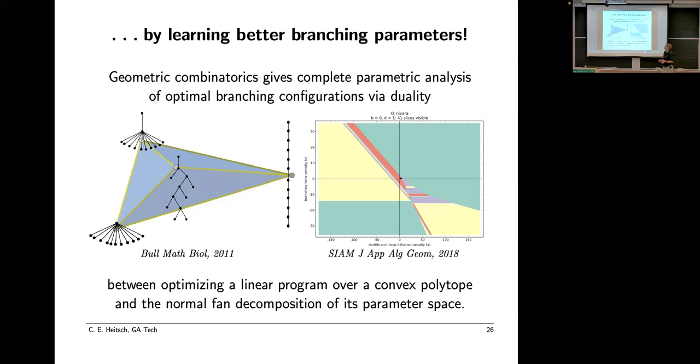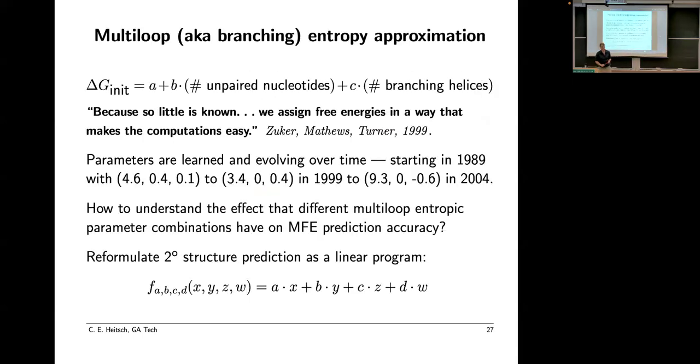And then we started looking at what happens using this idea of convex polytopes and their normal fans to look at real configuration spaces. In just the last 2 minutes, I'm going to blitz through these slides. The one take-home point from this slide is that I can formulate the branching parameters as a linear program.